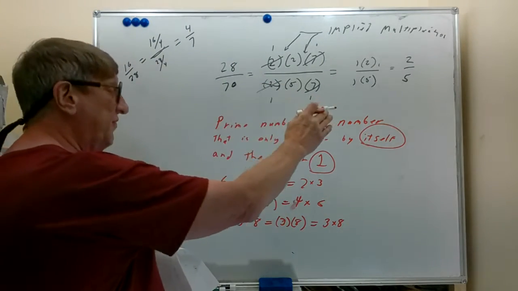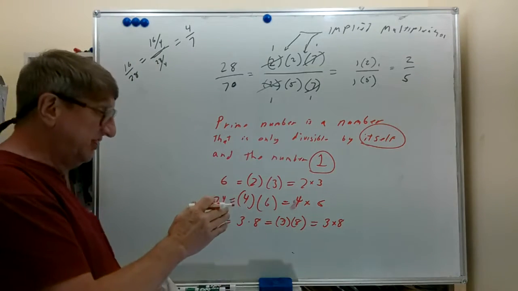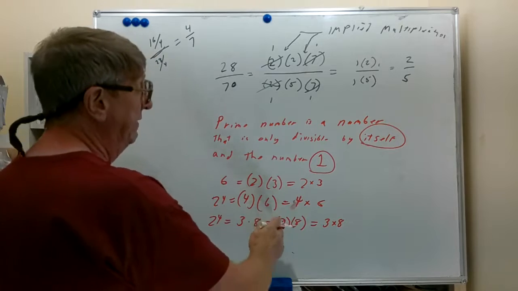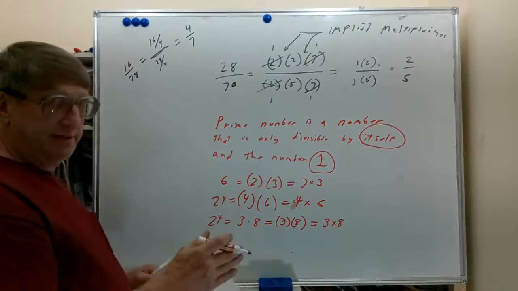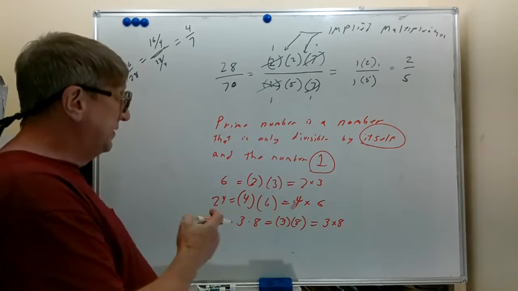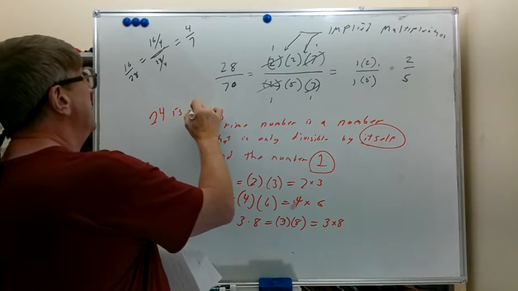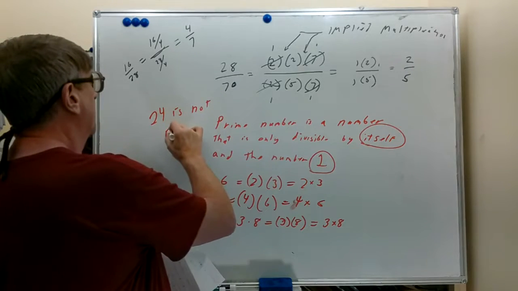It's divisible by itself, it's divisible by 1, but it's also divisible by 4, it's divisible by 6, it's divisible by 3, it's divisible by 8, it's divisible by 2, it's divisible by 12. Obviously, 24 is not prime.